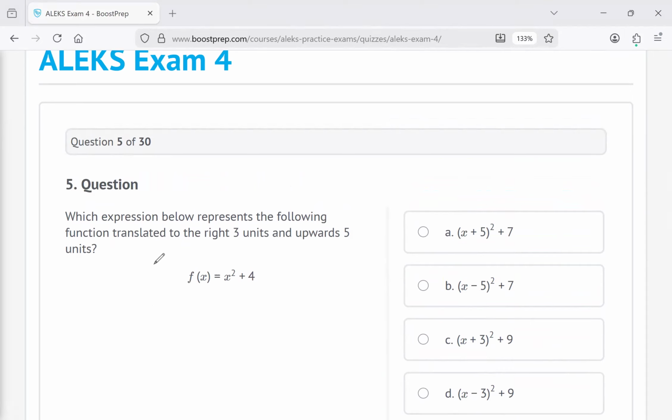Which expression below represents the following function translated right 3 units and upwards 5? So 3 units to the right is a horizontal shift, and upward 5 is a vertical shift.